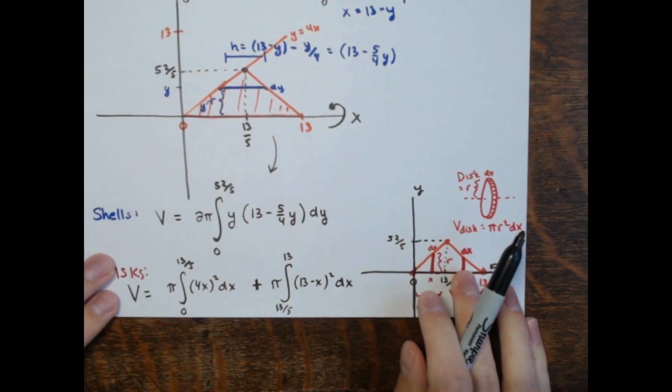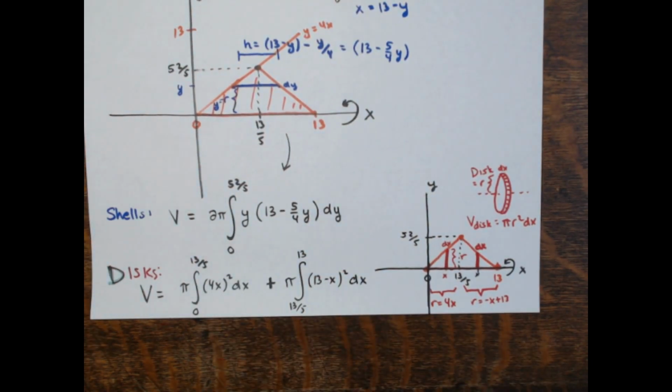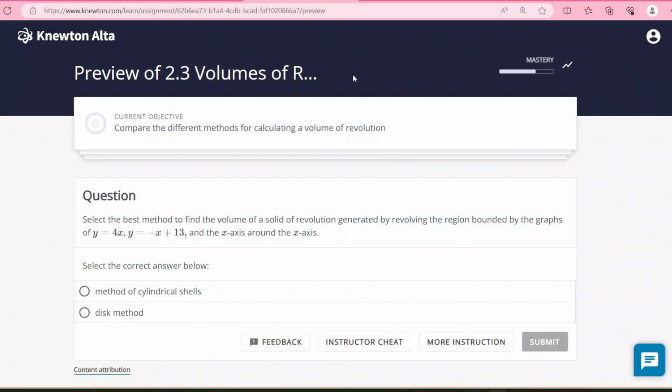I'm going to go to Desmos and show you that these are indeed the same value. I will type in both. But when doing this by hand, I personally would say the integral for shells was easier because there was only one of them. With disks, there were two integrals to compute and then add up.